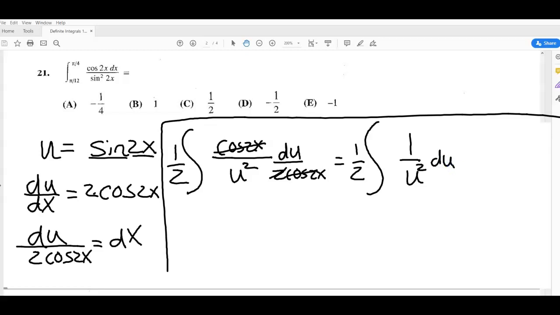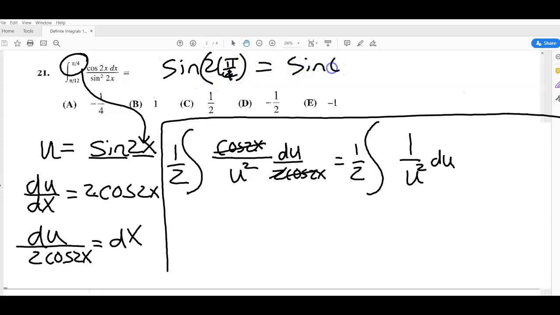This time for my limits, we're going to be plugging in pi over 4. If you multiply pi over 4 by 2, that's what you would have to do first. That's going to end up being pi over 2. And sine of pi over 2 is 1. So by plugging in pi over 4, I end up with 1. Repeat that process with the other one.